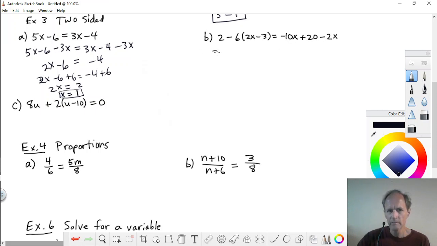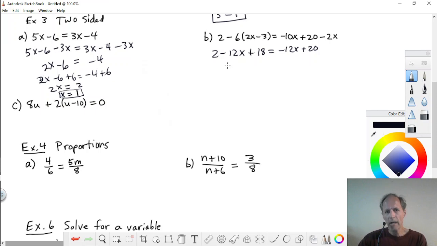So over here, negative 6 times 2x is negative 12x, and then it's positive 3. Watch when you distribute, negative 6 times negative 3. Oh, not positive 3 though. Negative 6 times negative 3 is positive 18. Over here we have to combine negative 10x minus 2x, negative 12x plus 20.